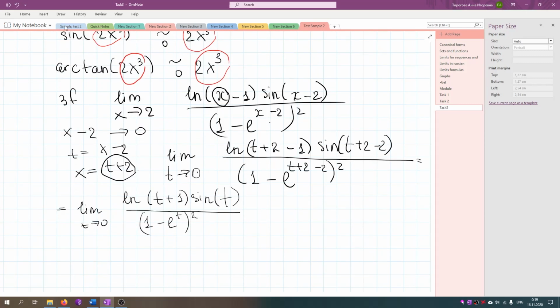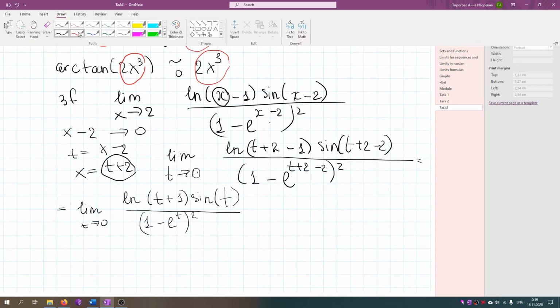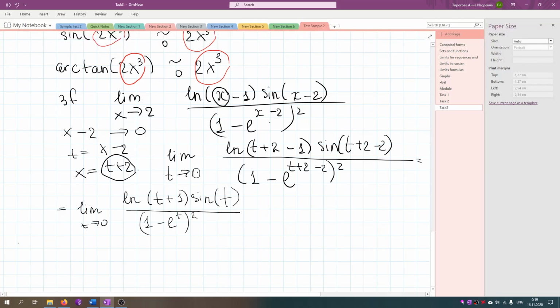So as you can see, we can use our equivalent functions, and that is great. Let's look at each function separately.